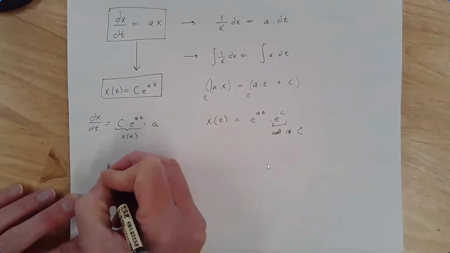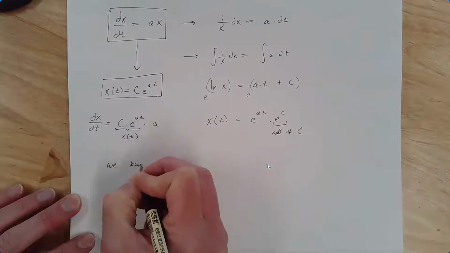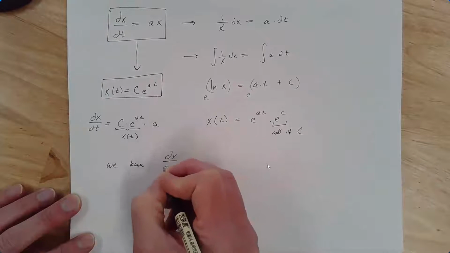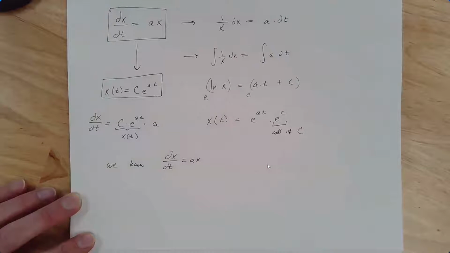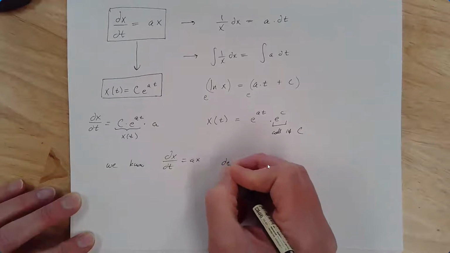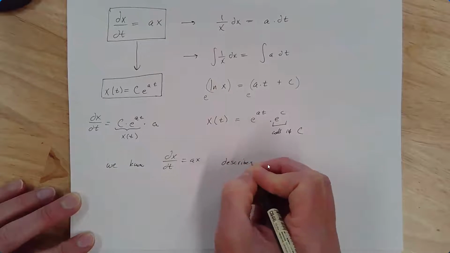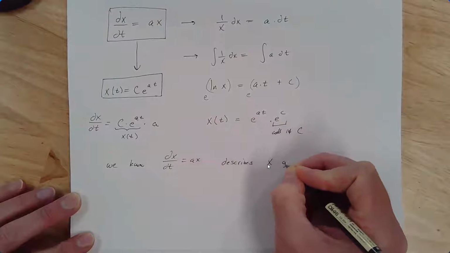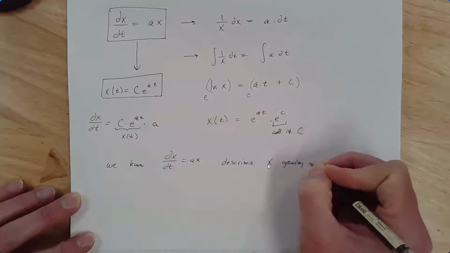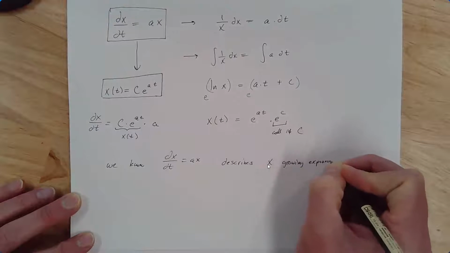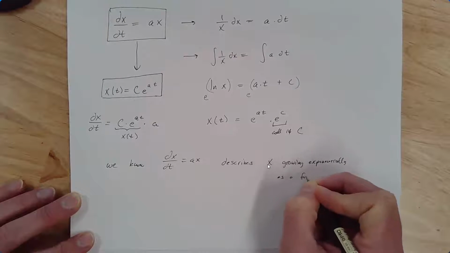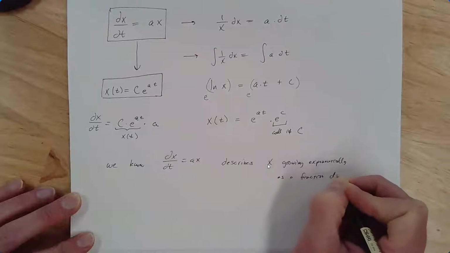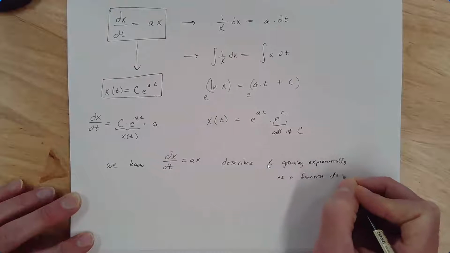And a couple other things. We know that this differential equation, dx/dt equal to a times x, describes x growing exponentially as a function of time. Well, actually, I should be a little bit more specific here.